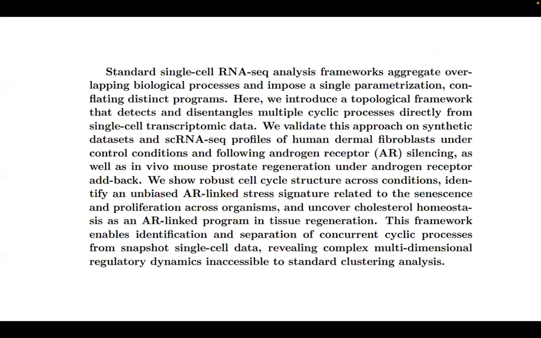Here's the abstract, so I'll give you a minute, so please read this abstract.